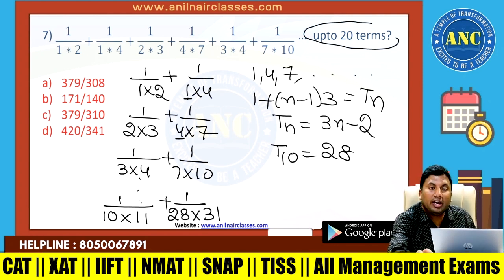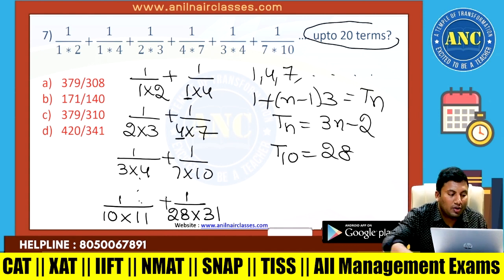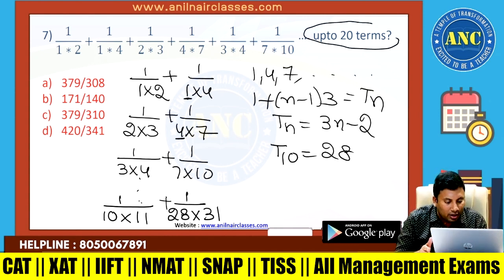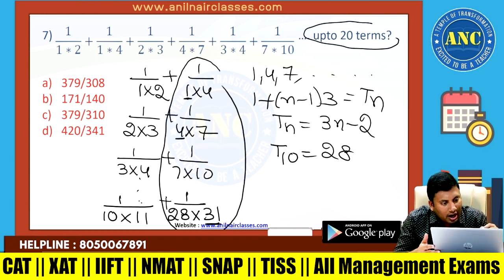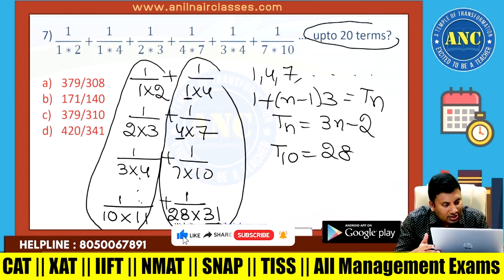Now, what is the last numerical value? The last numerical value is 31. Now this is one series and this is another series.